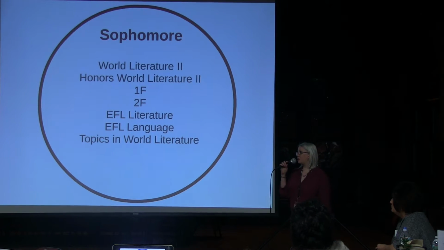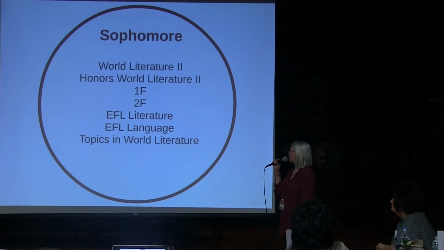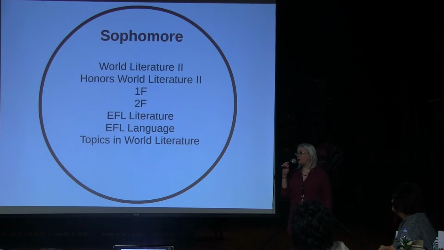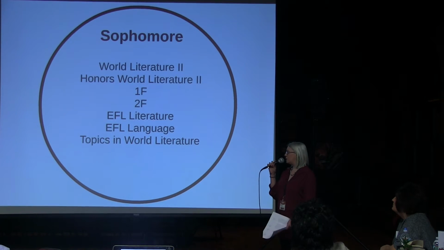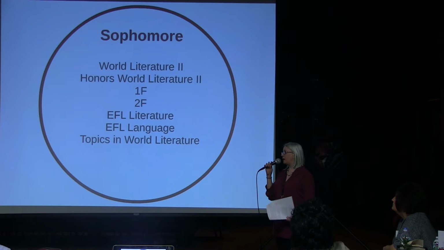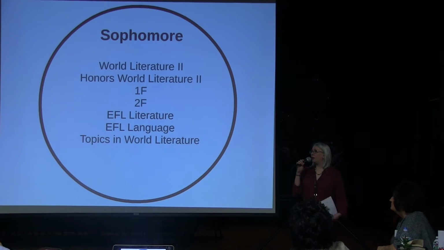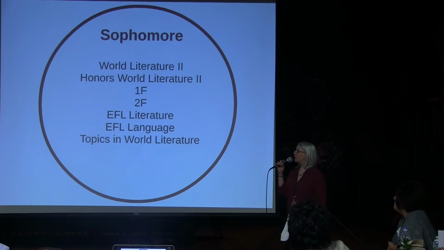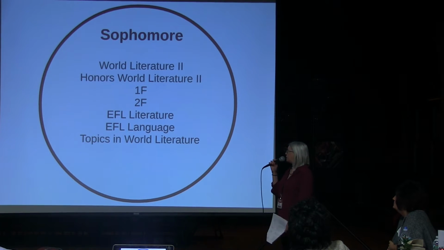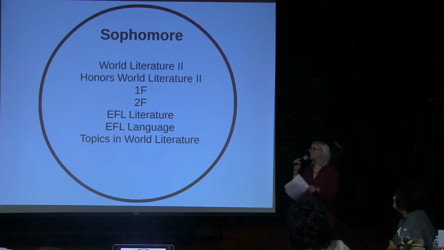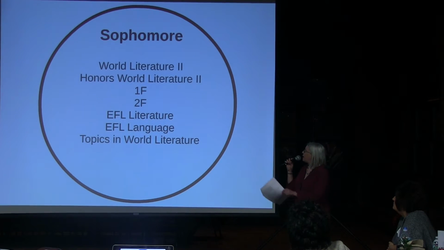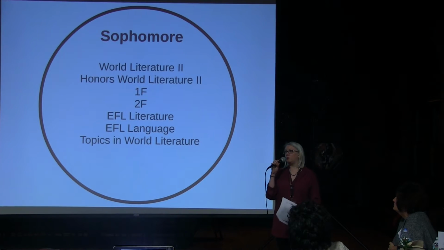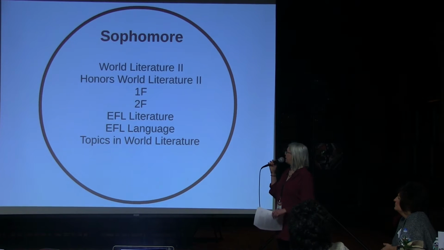The main difference between the regular and the honors level, aside from a few text differences, is that honors students study the literature and are expected to do writing at a more independent level and at a higher level of analysis and synthesis. So they're working more independently, like I said, and going a little bit more deep with the analysis. Other than that, we have some very similar course offerings for EFL students, depending on what their English skills are and what they need to take.